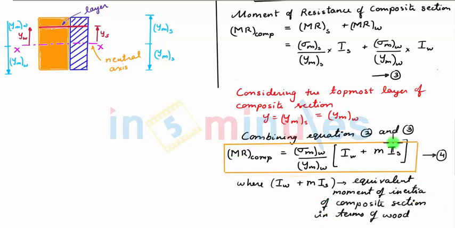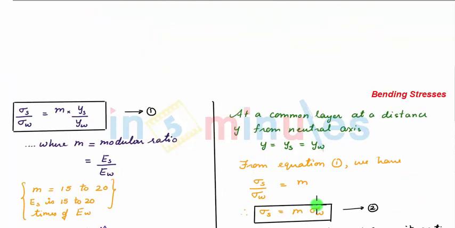Also we can express the moment of inertia of the composite section in terms of equivalent moment of inertia of the composite section in terms of steel. Now for that, we'll have to substitute the value of sigma max of wood in terms of sigma max of steel, which will be sigma max of wood is equal to sigma max of steel upon m.